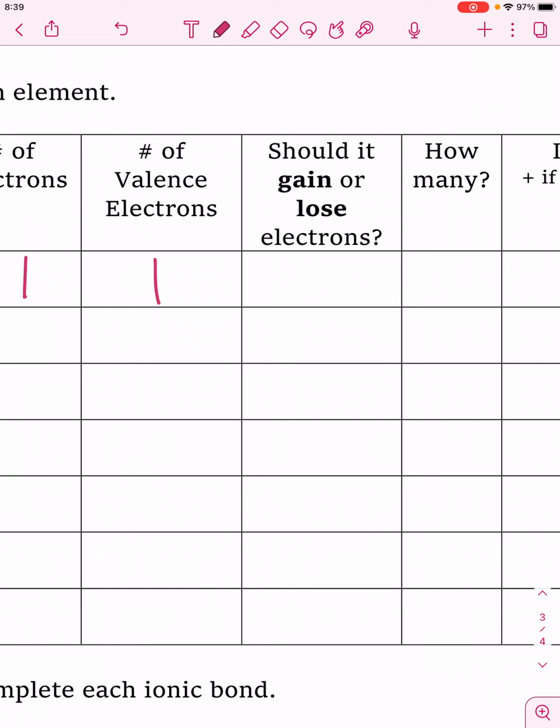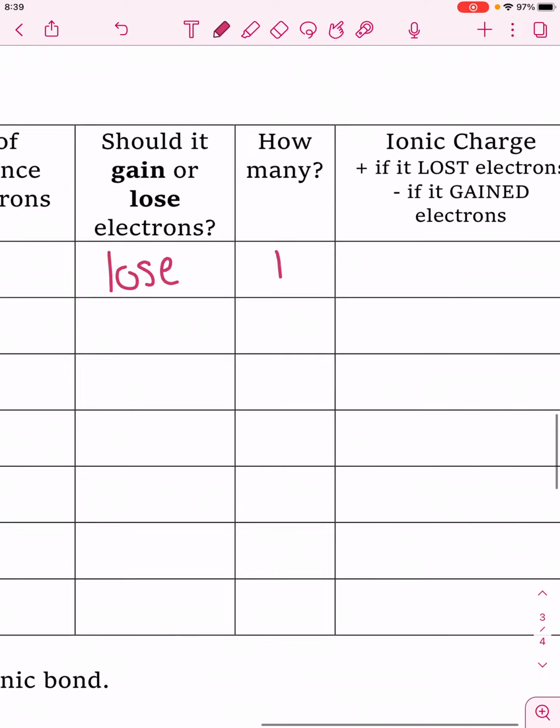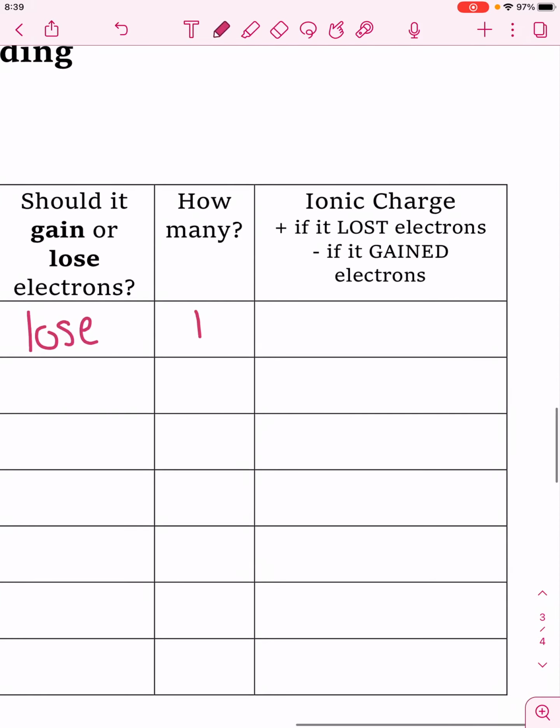It's much, much easier to lose the one that it has than to try to gain 7. So lose and then 1. Okay. And then ionic charge, positive if it's lost electrons, negative if it's gained electrons. Again, since it's lost electrons, it'll be plus and then 1.